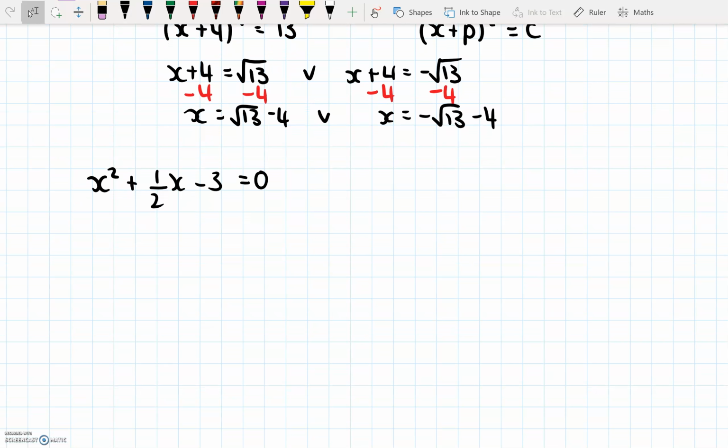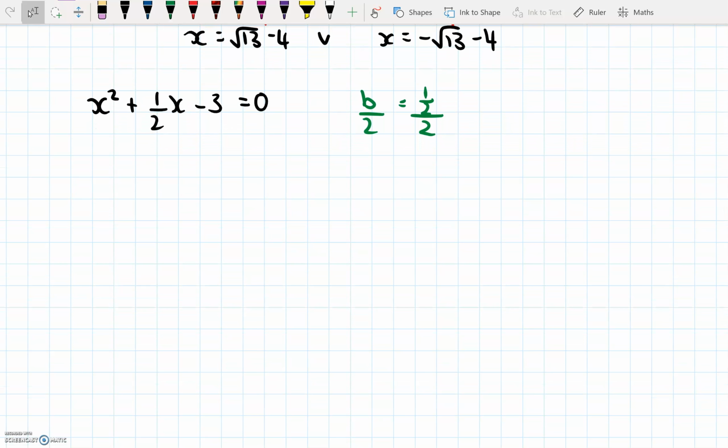So firstly we look at b over 2, and in this case b over 2 is a half divided by 2, and you need to be careful here, because you have a fraction divided by a number.